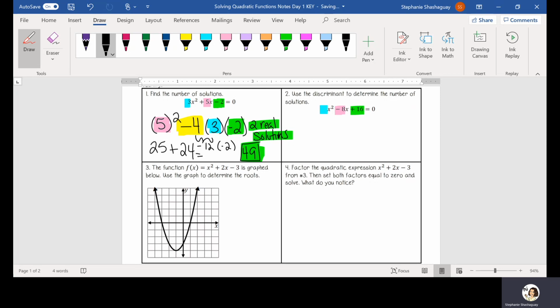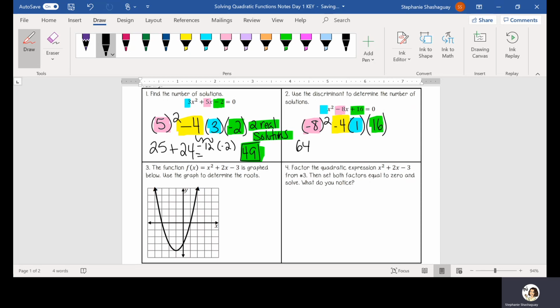So we are going to take our B first, so negative 8 squared minus 4 multiplied by A, which is 1, and multiplied by C, which is 16. So 4 times A times C. Well, negative 8 squared is going to give me a positive 64.